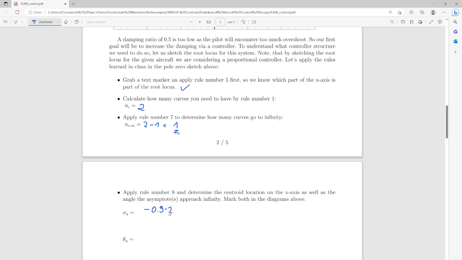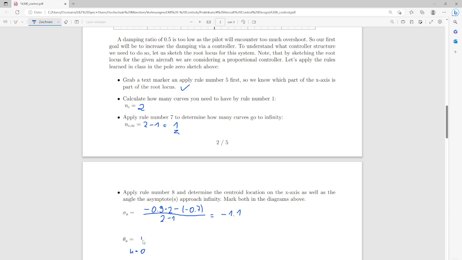Because we have 2 poles at that location. And then we need to subtract the real parts of the zeros, which is minus 0.7, which becomes a plus. And then we divide by the number of poles minus the number of zeros. And this gives us minus 1.1. So this is our centroid location. And for the angle, we only have 1, so our k equals 0, meaning that our angle immediately becomes 180 degrees.